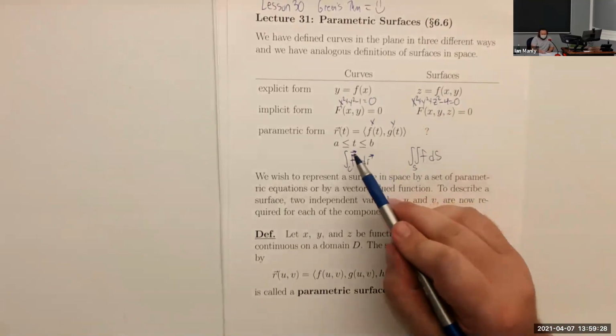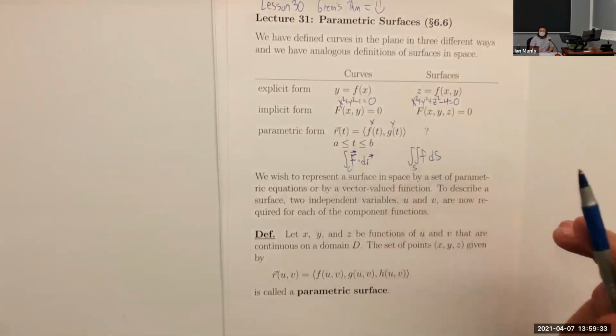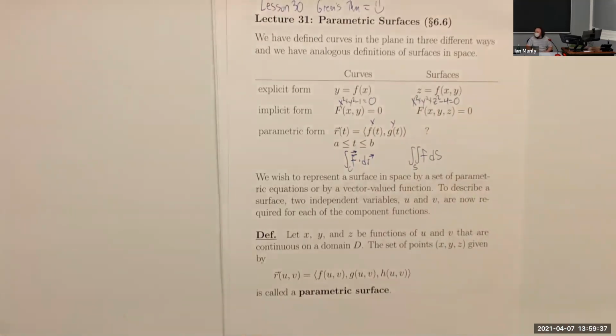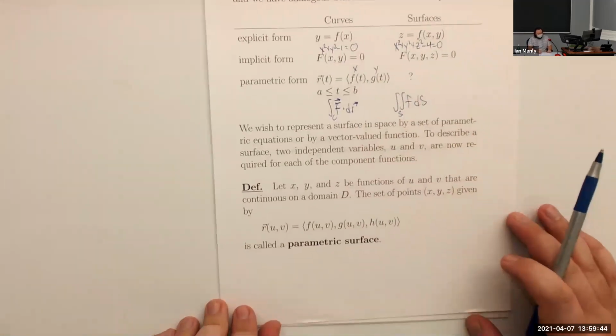So we're going to kind of bump up line integrals a dimension from line integrals to being called what are known as surface integrals. But before we do that, we need to know how to use parametric equations to define a surface. All right, so that's why we're having today's lesson here.